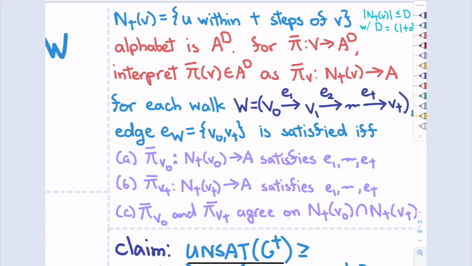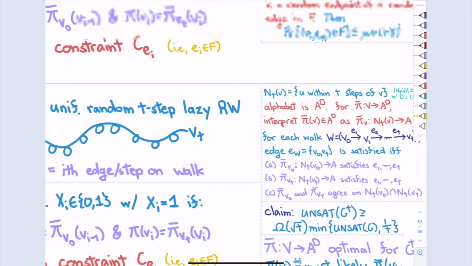And when I look at a walk between two vertices, it's only going to satisfy that walk if this guy's labeling for the whole neighborhood satisfies every edge on the walk, and this labeling for the whole neighborhood satisfies every edge on the walk, and when I look at anything overlapping their neighborhoods, they agree. So they have to agree on everything on the walk, and they have to get the whole walk correct.